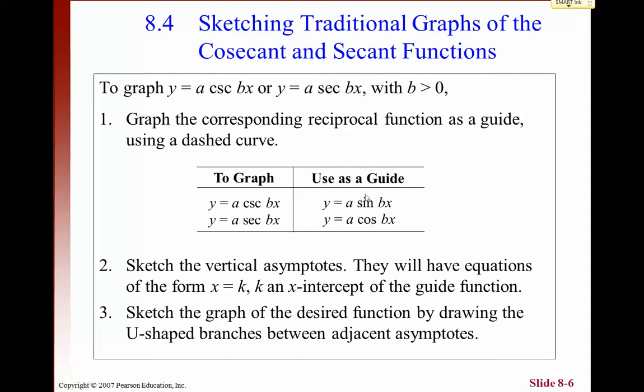And wherever the sine or the cosine hits the x-axis, you're going to sketch a vertical asymptote. And then you're going to have U-shapes: where the sine or cosine has a max, you're going to have a U-shape going up. Where they have a min, you're going to have a U-shape going down.